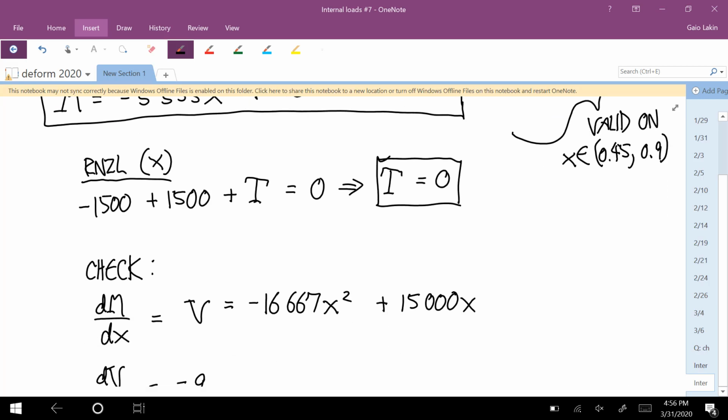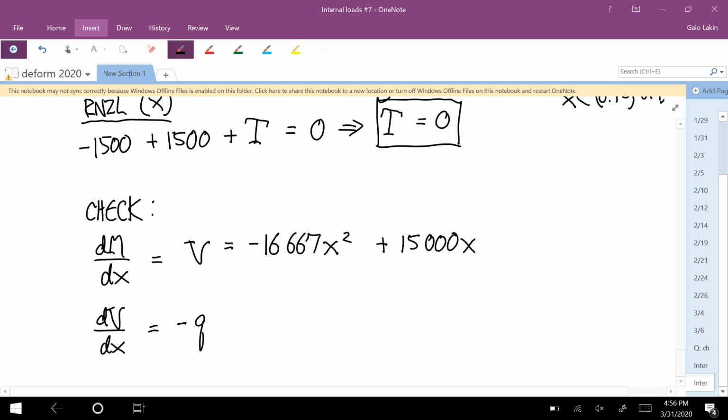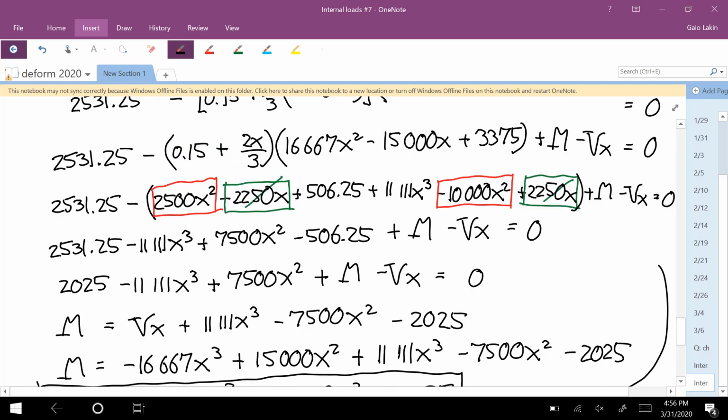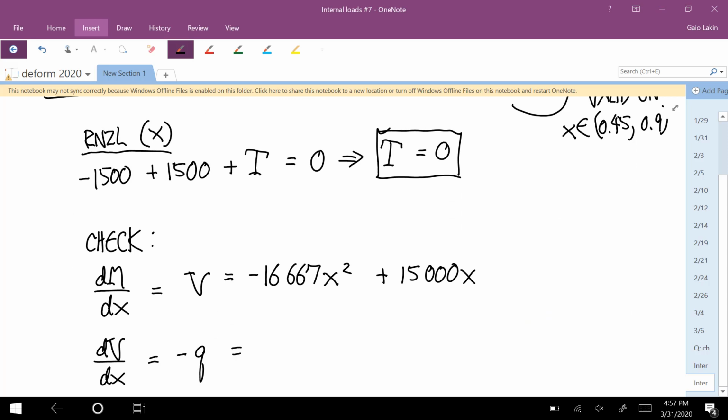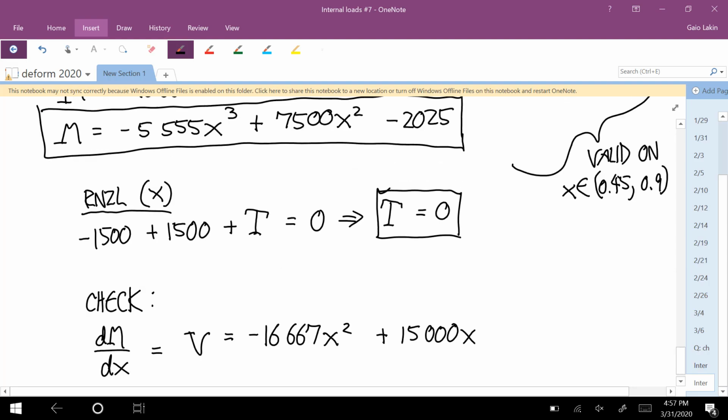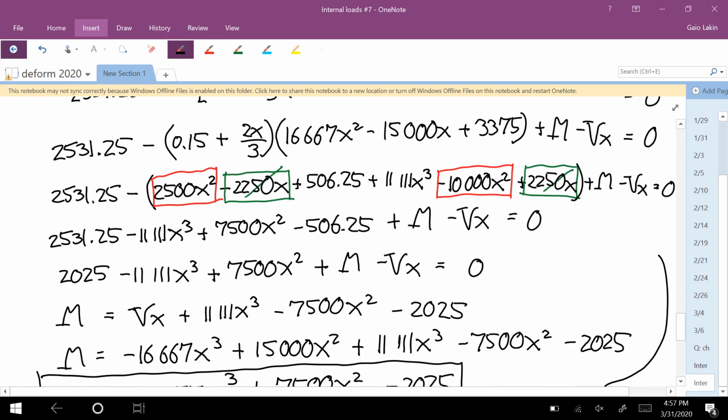Believe me on this, if we had gotten that wrong, I would not be going back and fixing it. But that's the idea, is that in cases where you have to get the right answer, that's an easy way or a common way to pick up a mistake that you made and go back and fix it. Okay, now dv dx, let's calculate that. So negative 33,333x plus 15,000.